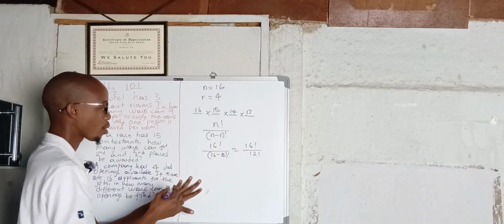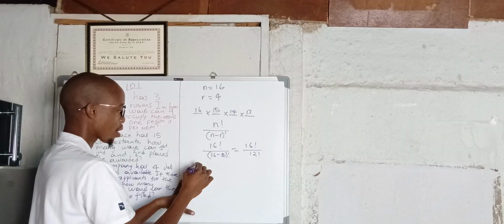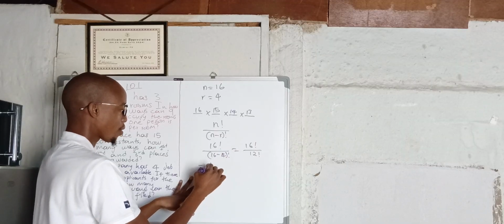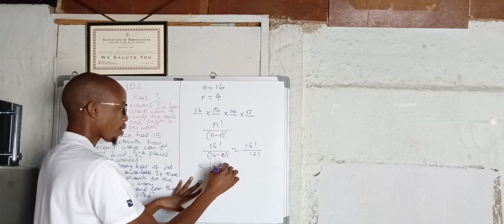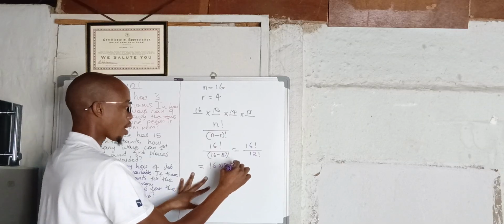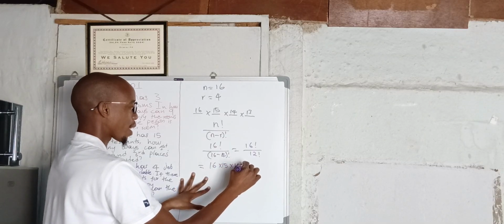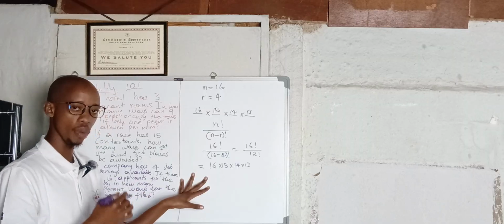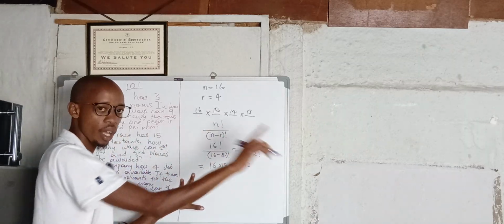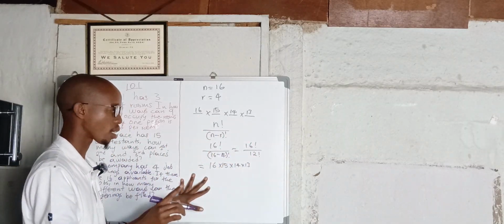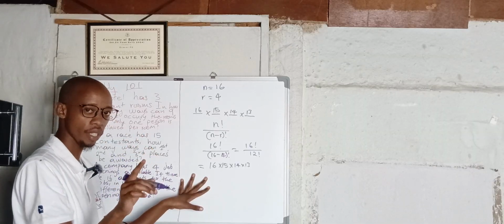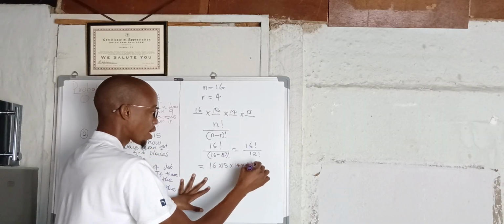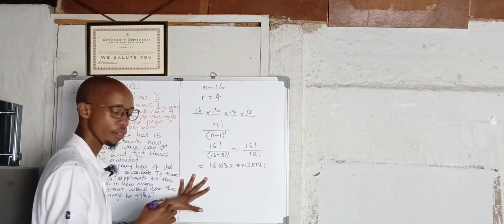Now let's do what I did in the previous questions. I'm going to break 16 factorial into 16 multiplied by 15 multiplied by 14 multiplied by 13. And then we know again, from 12 going downwards, we will only stop at 1, which simply means that we have 12 factorial. So I can write it as 12 factorial from there.